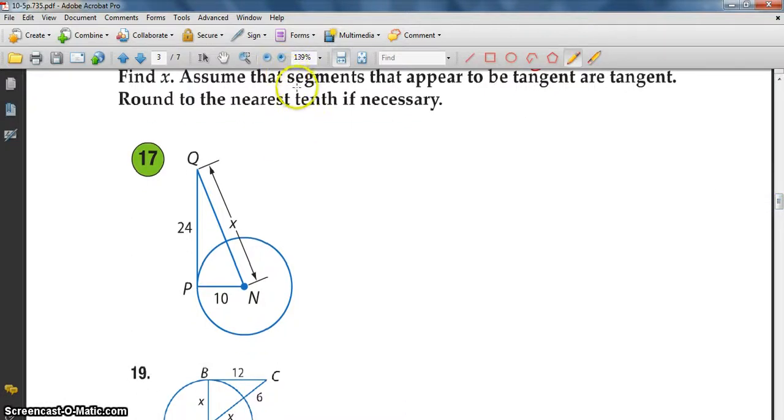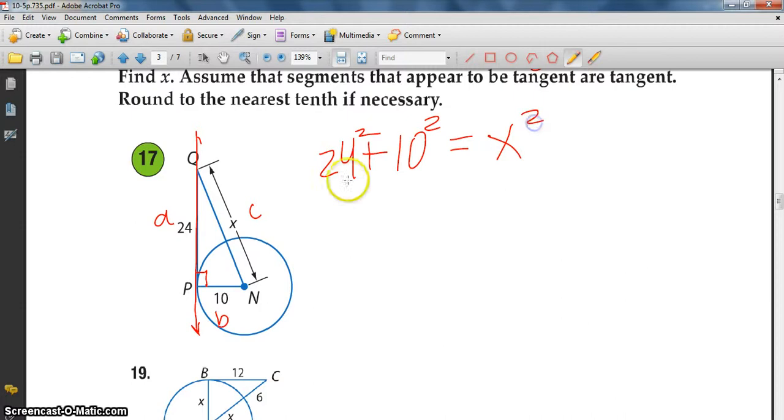Find x. Assume that segments that appear to be tangent are tangent, round to the nearest tenth if necessary. And we have to use Pythagorean theorem again. So, assuming that this line is tangent, and that makes this a right angle, which means that a squared plus b squared will be equal to c squared.